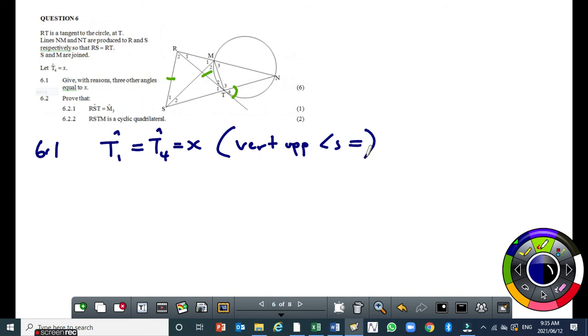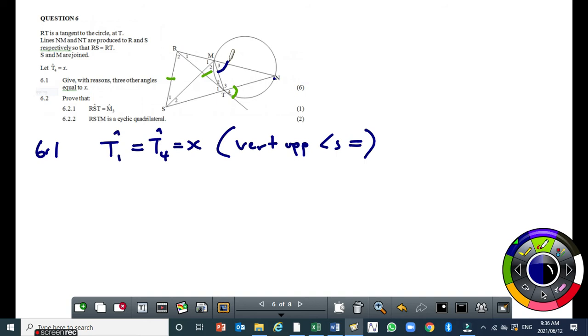Then, since T4 is an angle between a tangent and a chord, which is TM, it means this angle here, M3, is also equal to x. Tan chord theorem.